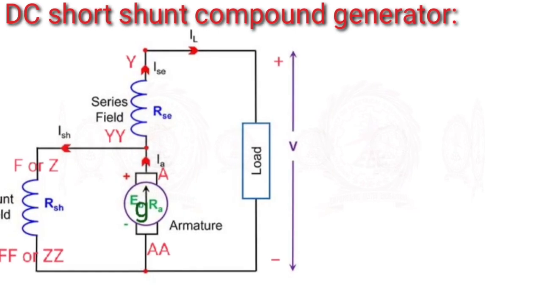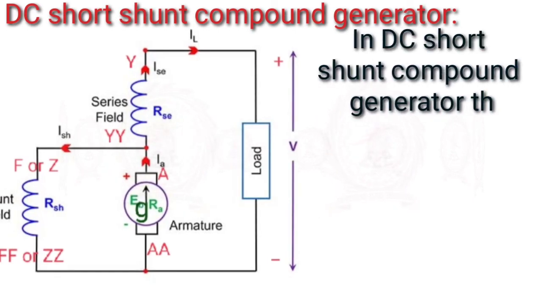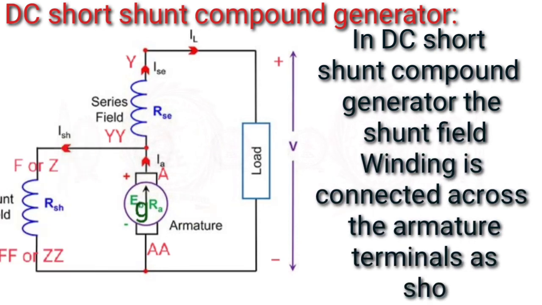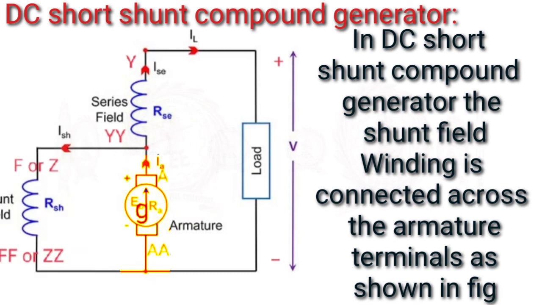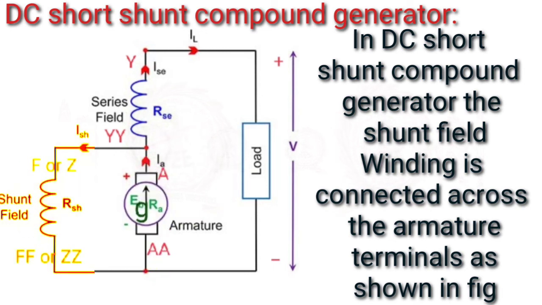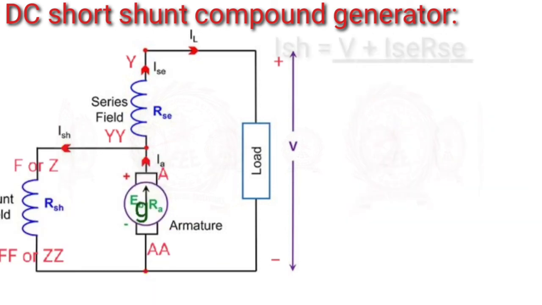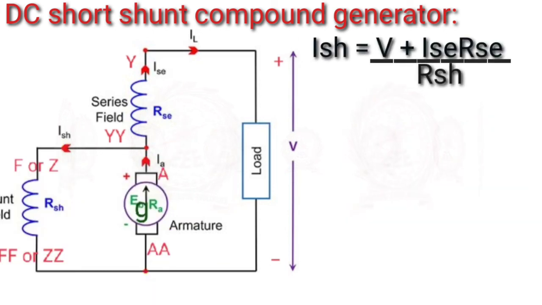Next one is the DC short shunt compound generator. In a DC short shunt compound generator, the shunt field winding is connected across the armature terminals, as shown in the figure. Here the current and voltage equations are ISH is equal to V plus ISC RSC divided by RSH.